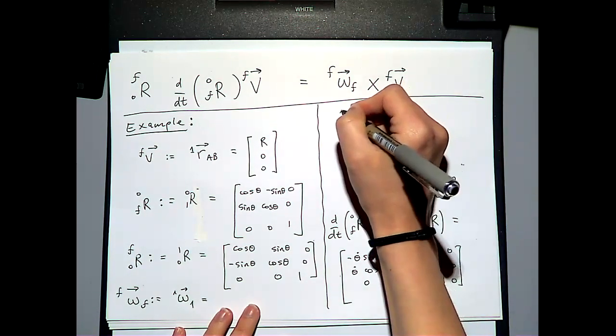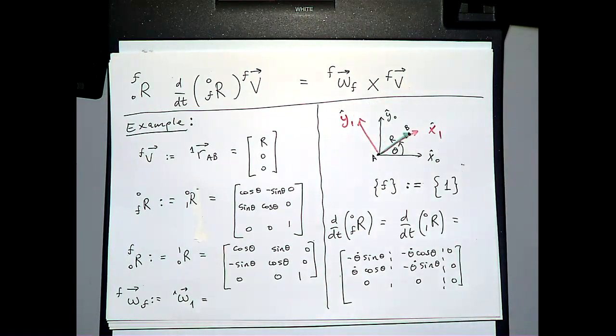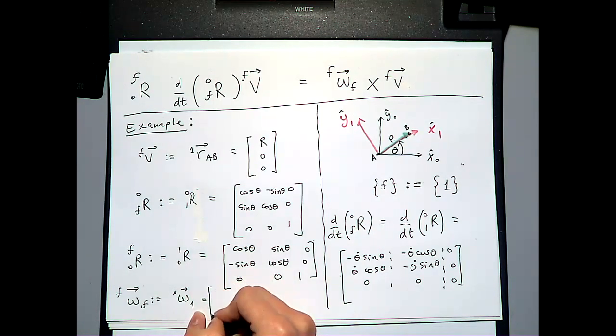Its magnitude is the angular rate of change, which is theta dot. Right? So how do we construct it? Simply 0, 0, theta dot in frame 1, meaning it's theta dot units along the Z1 direction. Okay, so theta dot rotation about Z1.